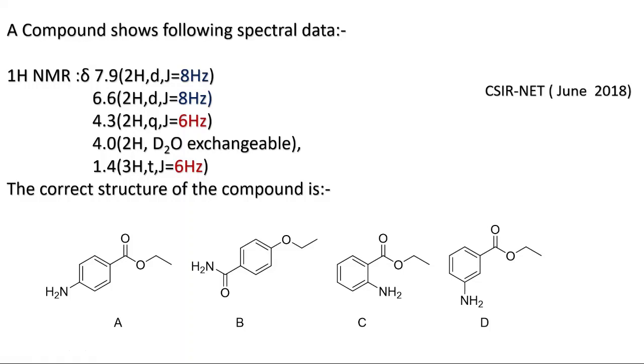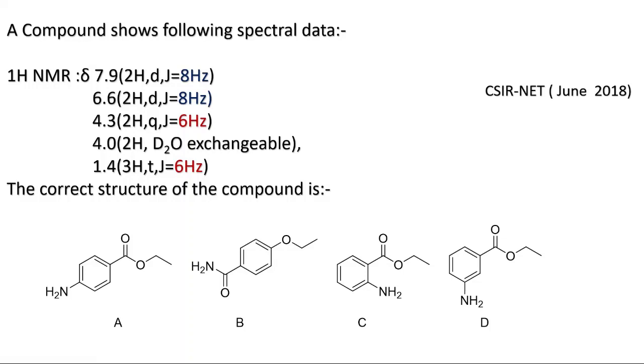So option A will be the correct answer. Now the 4.32, 2 hydrogen quartet, will be these 2 hydrogens, and the 1.43, 3 hydrogen triplet, will be these 3 hydrogens, and the 4.0, 2 hydrogen, D2O exchangeable, is the NH2 proton. So this much is enough for this question.